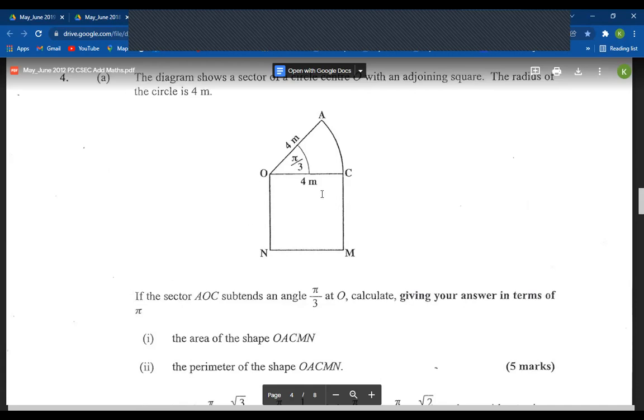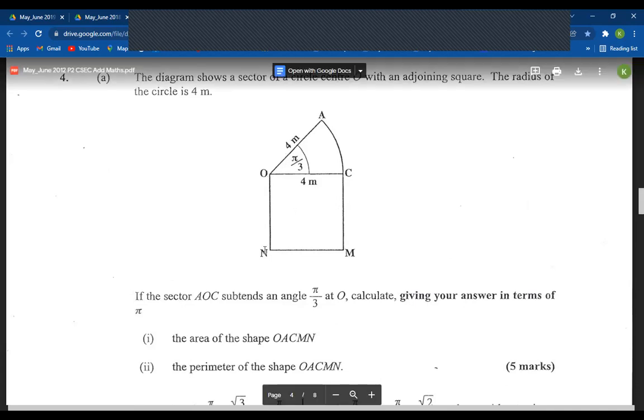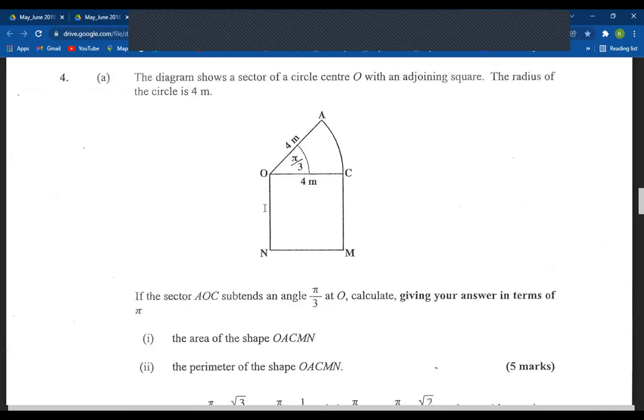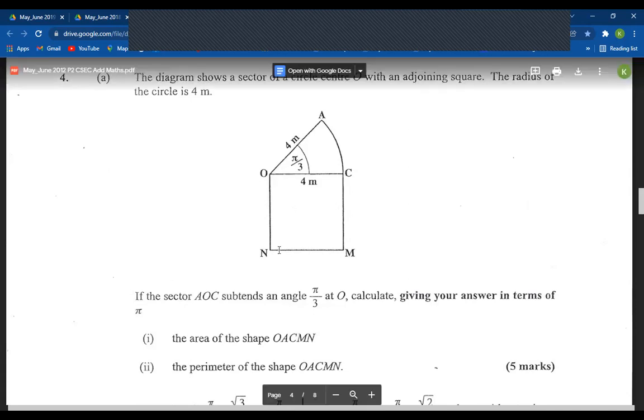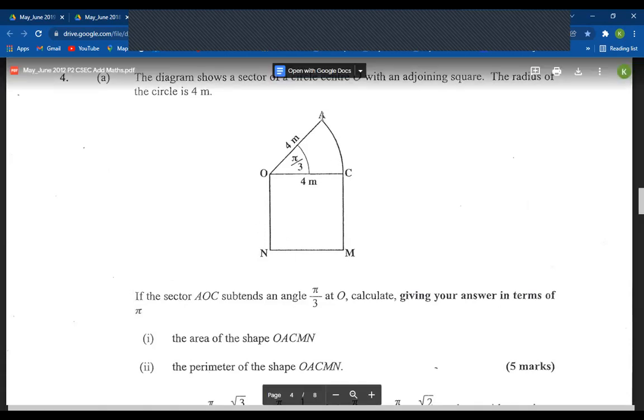The thing is, I know these sides, so I know this is 4 meters. I know this is 4 meters, this is 4, and this is 4. How come? Because a square has 4 equal sides. So if I know that this side of the square is 4 meters, then these 3 sides are also 4 meters. However, if we want to find the perimeter of this whole shape, we also need the arc length AC.